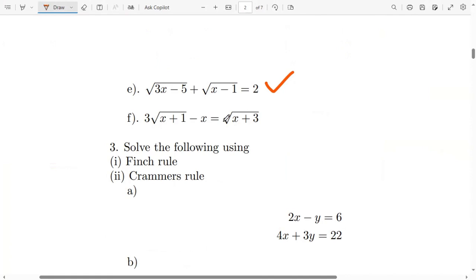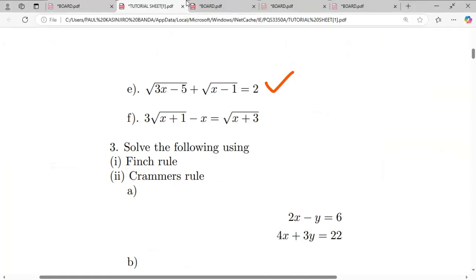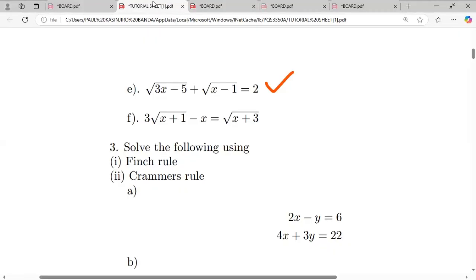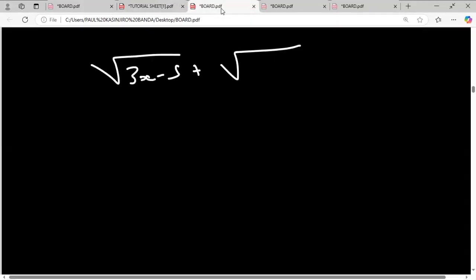Okay. So let's solve the root of 3x minus 5 plus the root of x minus 1 is equal to 2. Okay, so let's solve this one.